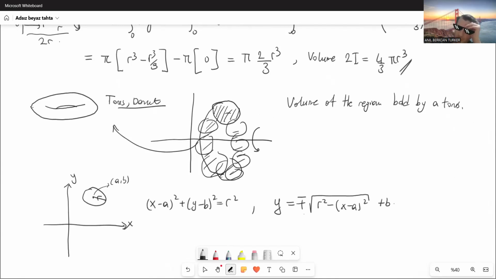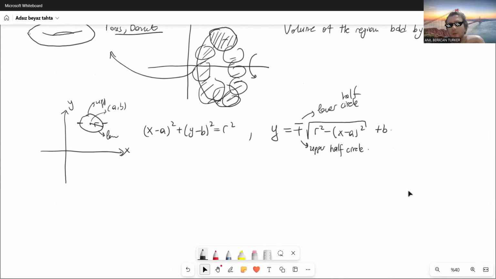So plus one will be the upper one. So this will be the lower circle, half circle. Okay, this will be the upper, this will be the lower. Anyway, so let's calculate.